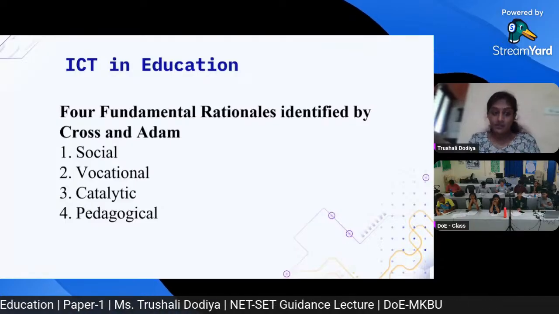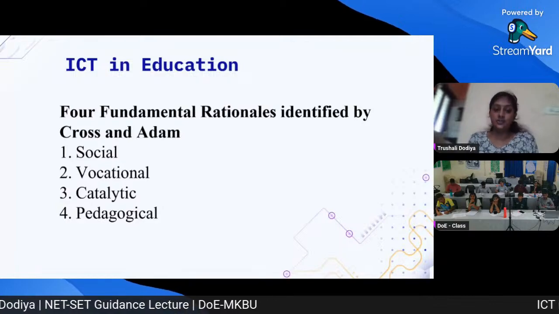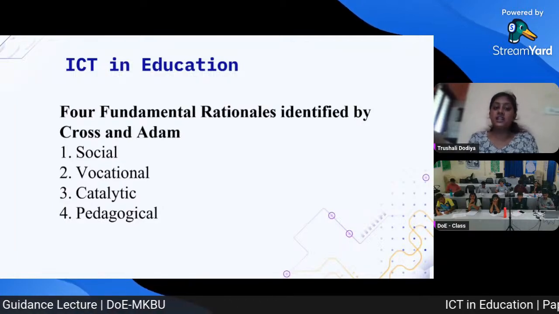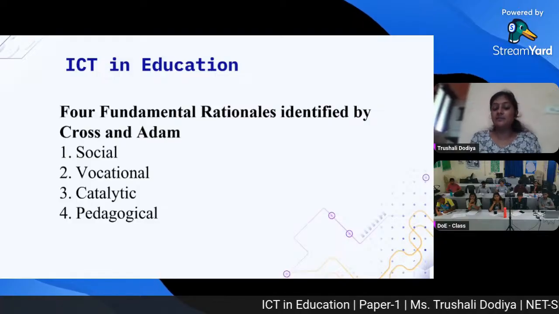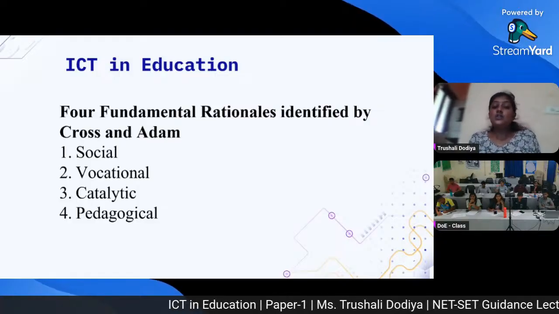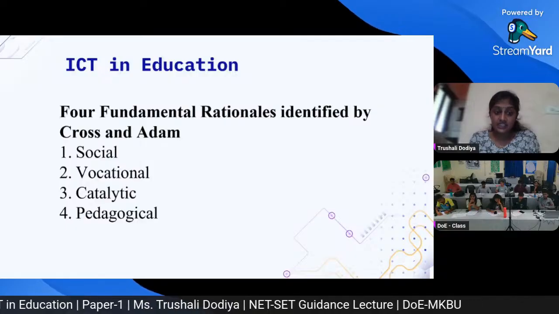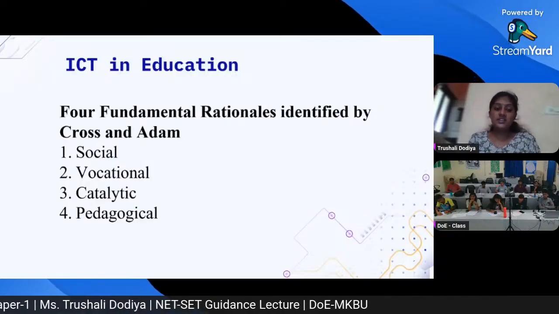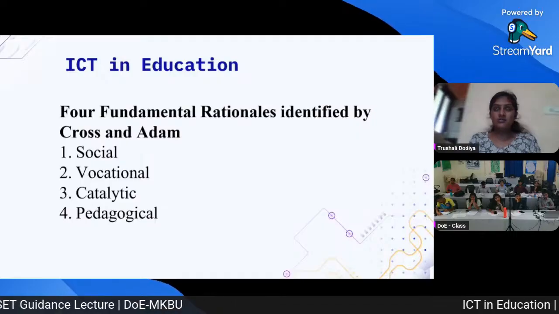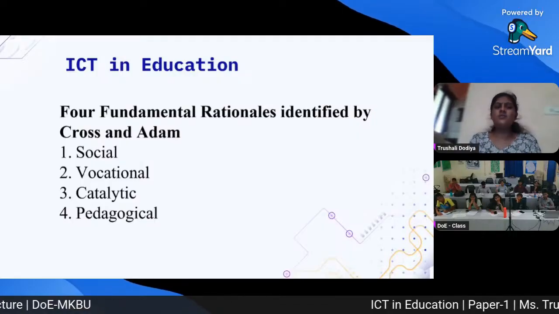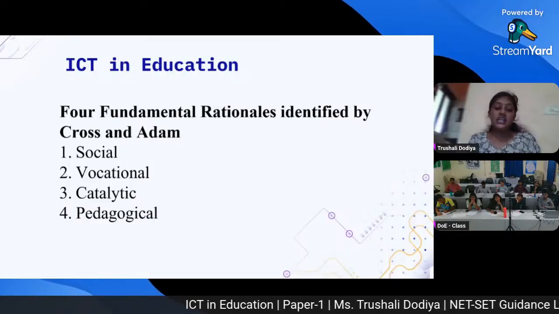Now we are moving towards ICT in education, which has four fundamental rationales, identified by Cross and Adam. First one is social, connecting things and having awareness of things. Then there is the vocational, which is more related to generating jobs and vocations and working efficiently in that.